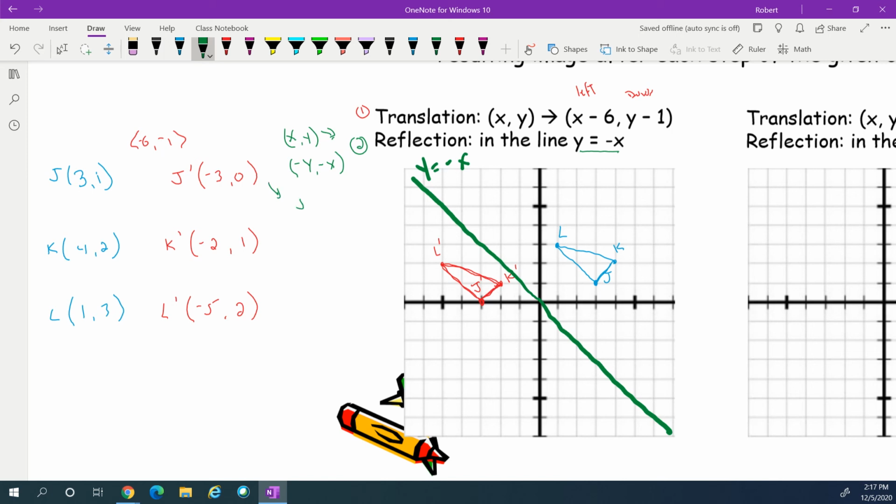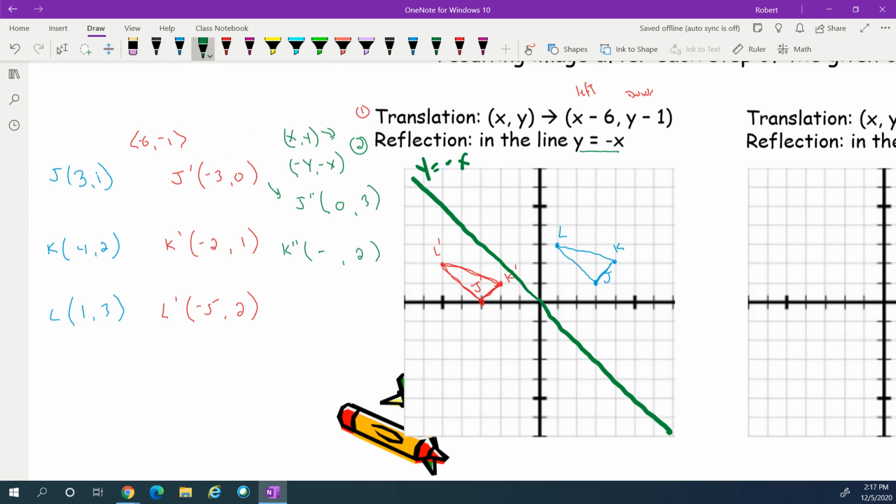So J double prime, I'm going to take the -3, put it to the back, and change its sign. I'm going to take the 0, bring it to the front, change its sign. For K double prime, the -2 goes to the back and becomes positive.